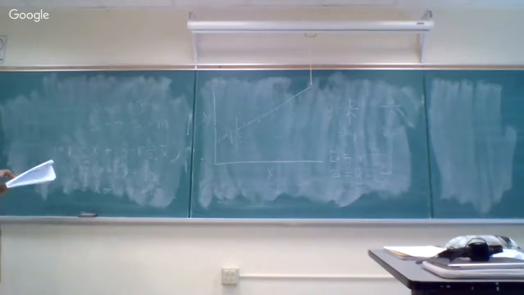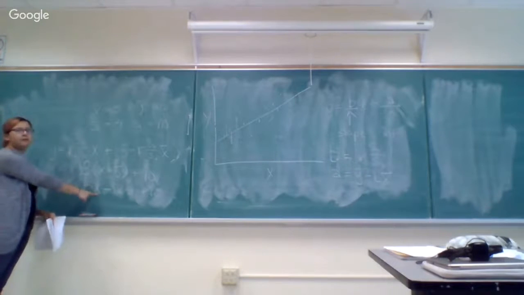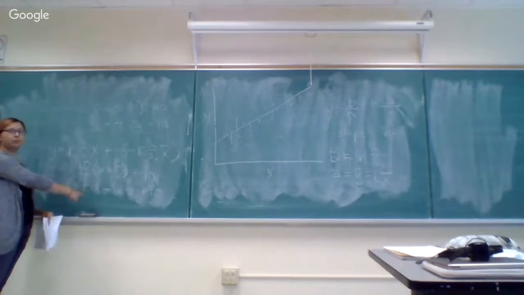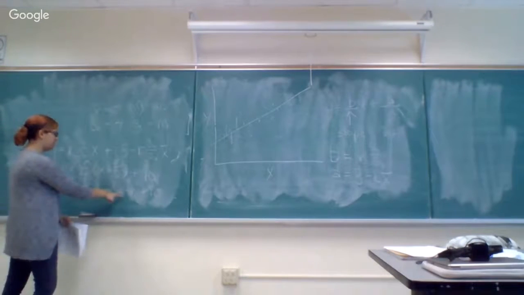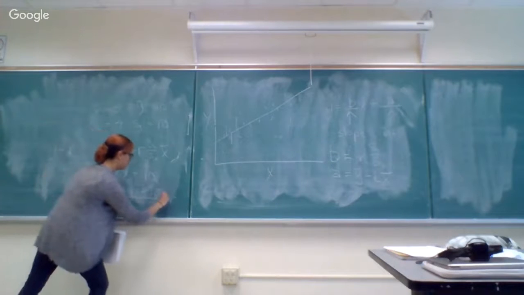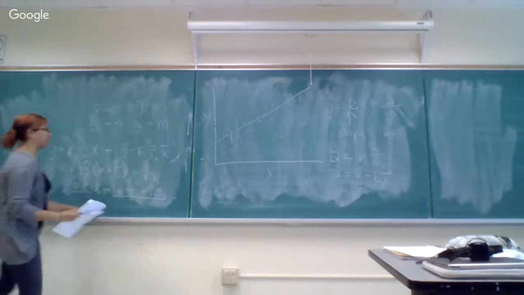So of the different options, this would be our slope, right? 2.5 times r would be our slope. And then this would be our intercept, right? All right, hold on.